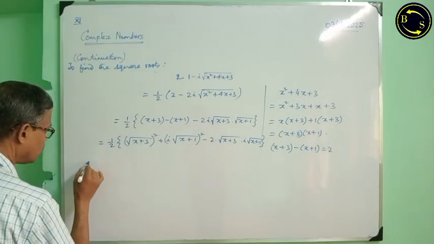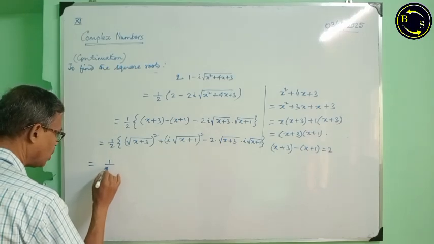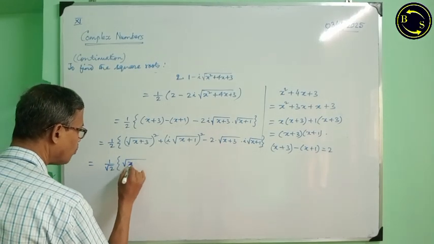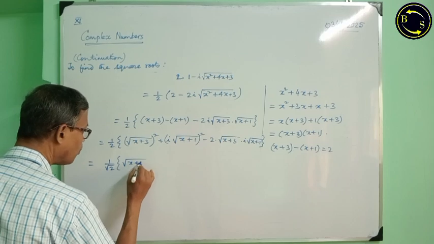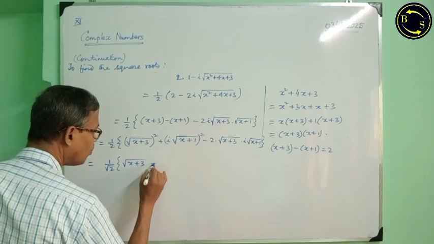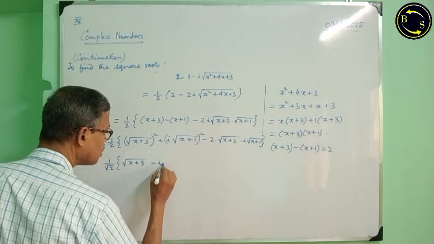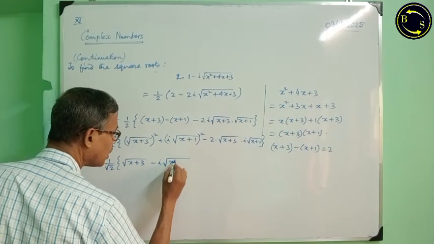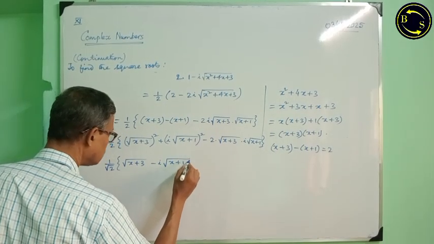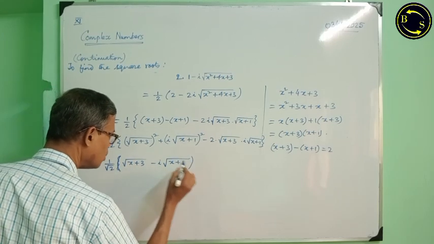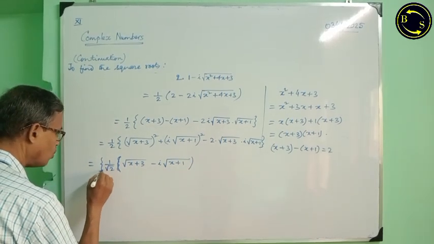Therefore, it will be 1 by root 2, minus 2ab term. Therefore, minus i root over x plus 1. I put first brackets, then whole square.